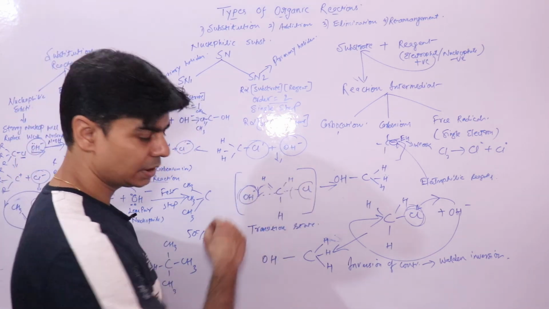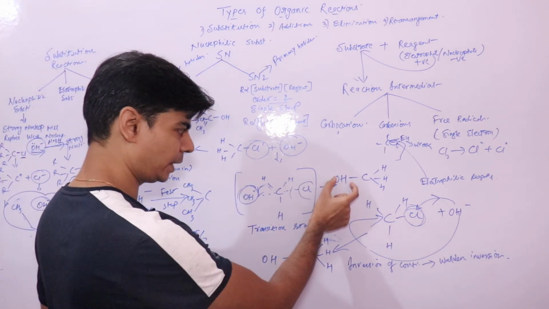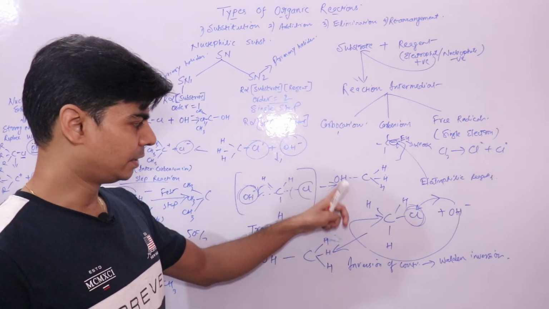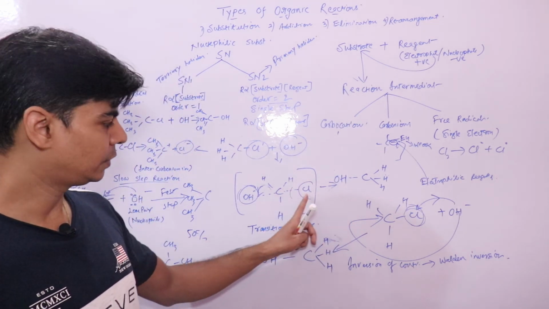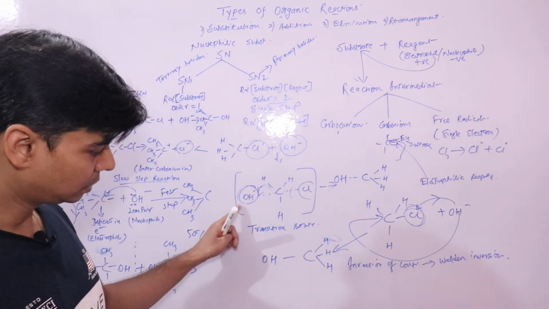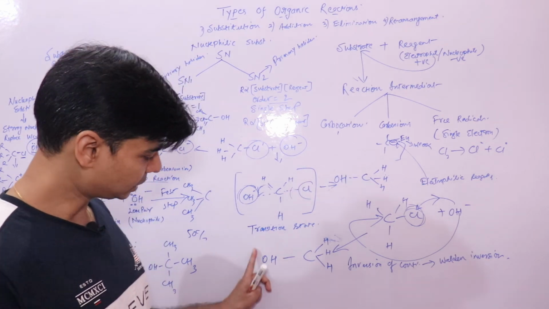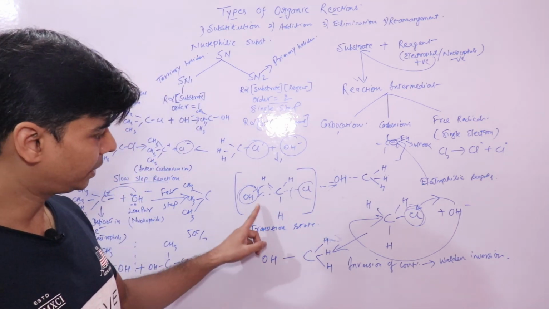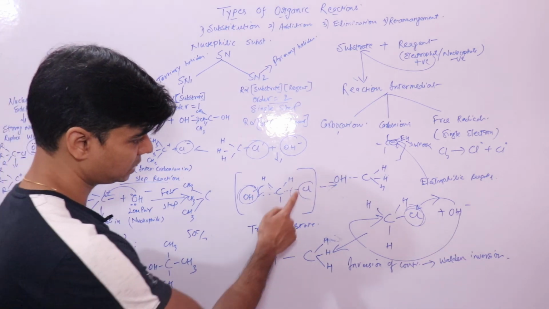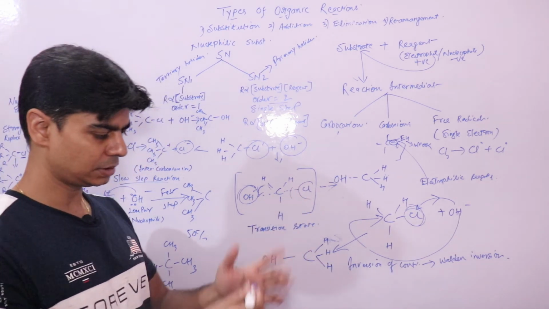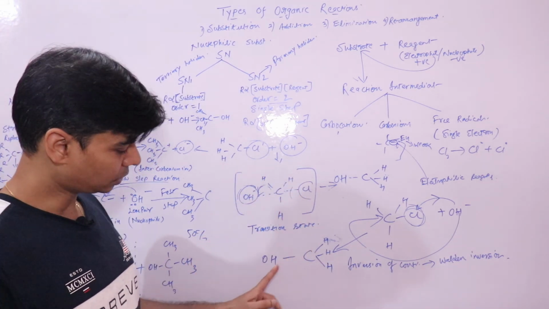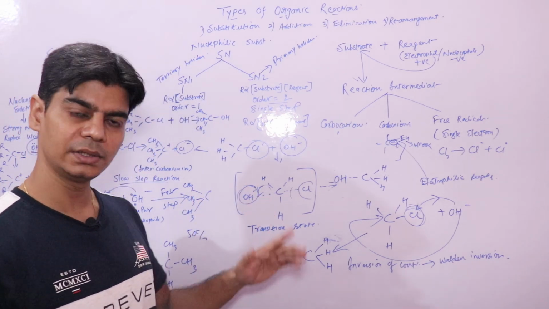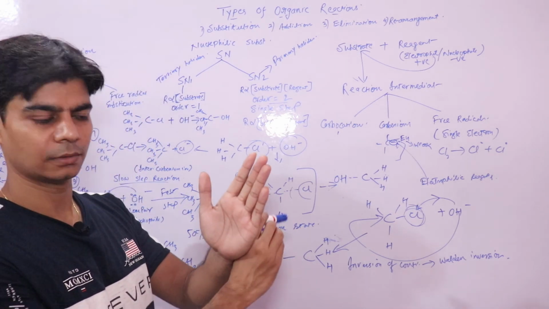Because this Cl is already negatively charged, it will repel the approaching nucleophile, so the nucleophile will attack from the opposite side, resulting in a product that has the nucleophile in the opposite direction. If you compare it with the reactant, if the reactant has the nucleophile in the front direction, the nucleophile in the product would be in the rear direction.